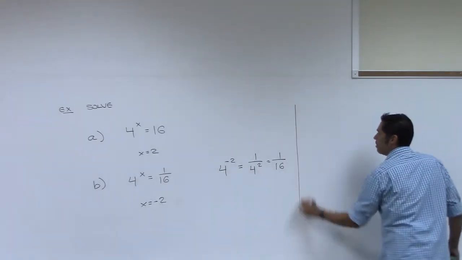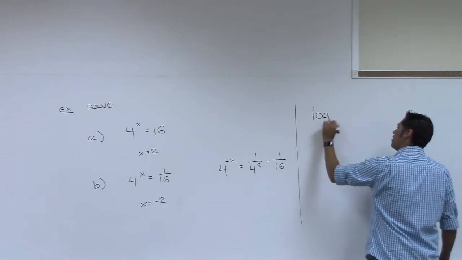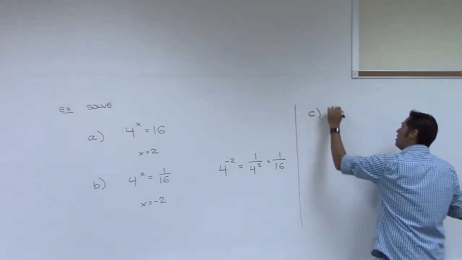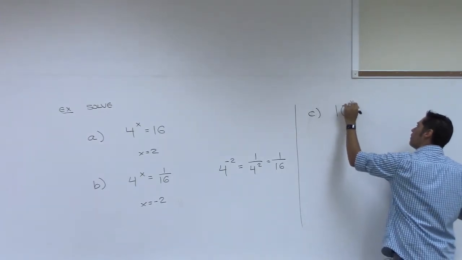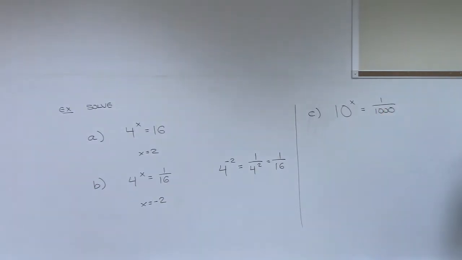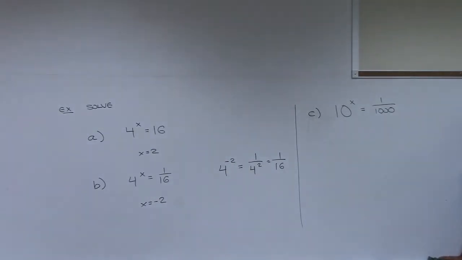All right, let me do another one. How about, not log base 10, part C, got ahead of myself there. 10 to what power is equal to 1 over 1,000? -3. Let's see why.